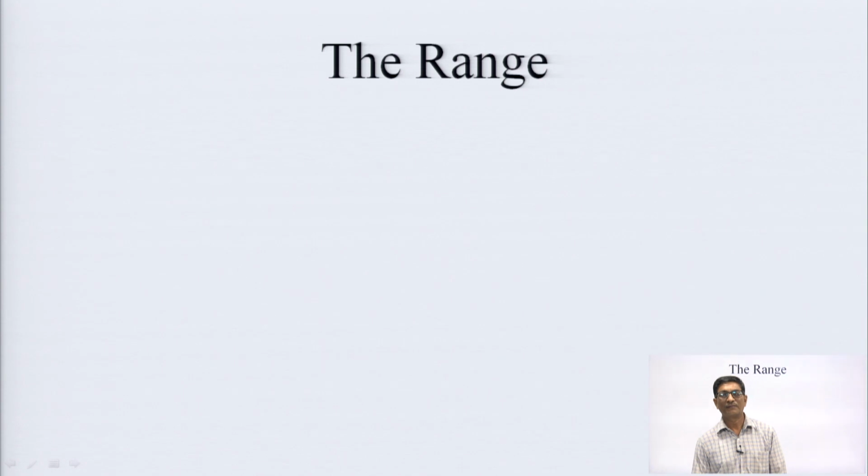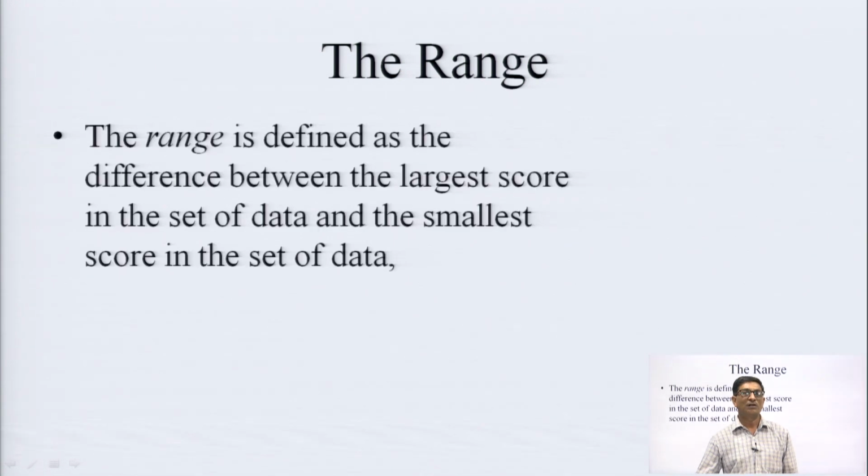First is range. What is range? Range is the difference of the largest score and the smallest score. The range is defined as the difference between the largest score in the set of data and the smallest score in the set of data.